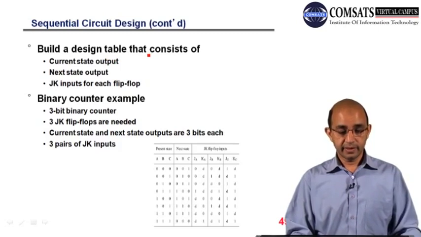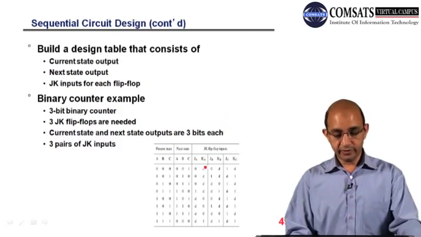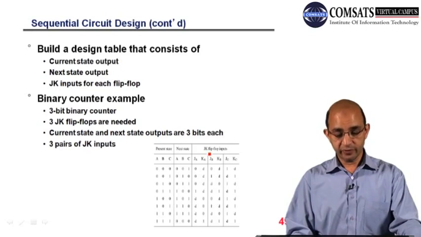regarding the sequential circuit design, we can have the table mentioning the current state, next state, current state, or you can name it the present state, and then the inputs for the flip-flops. As we have JK here, we have mentioned JK flip-flop inputs.